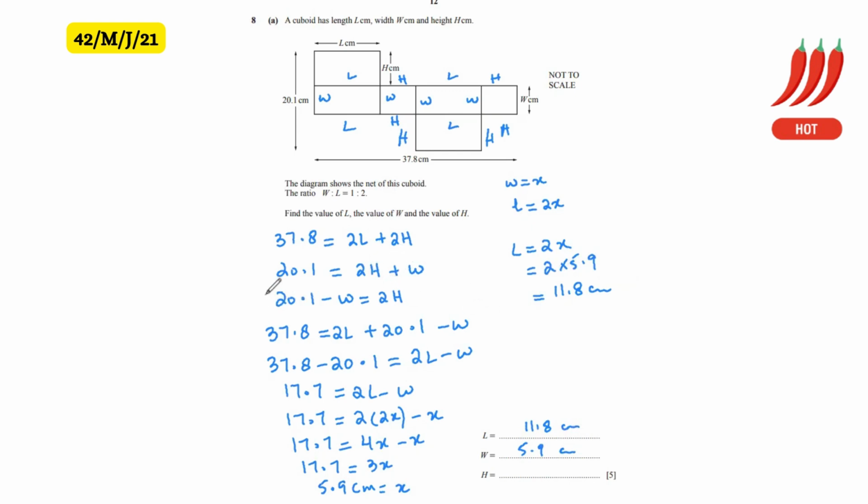So if we pick this one, 2H equals to 20.1 minus 5.9, which is equal to 14.2. Divide both sides by 2, and H is 7.1 centimeters. These are your values of L, W, and H.